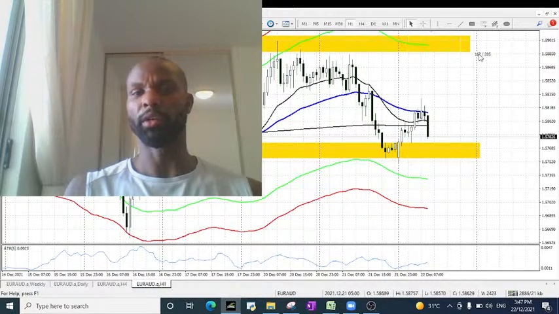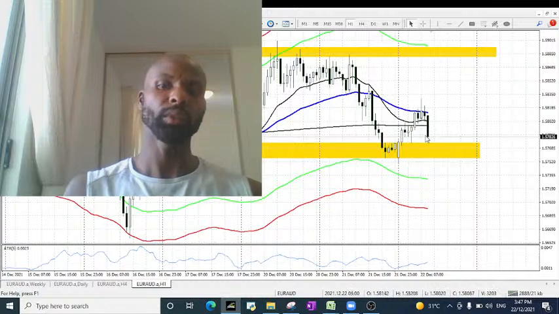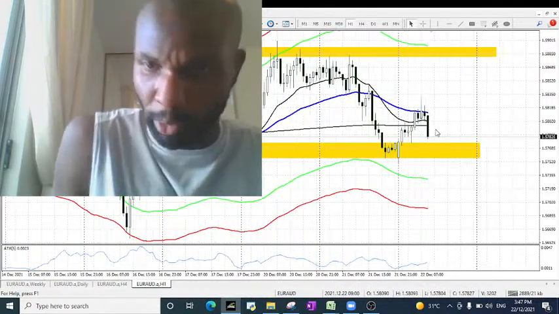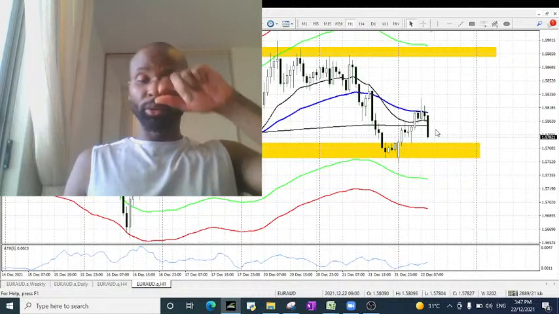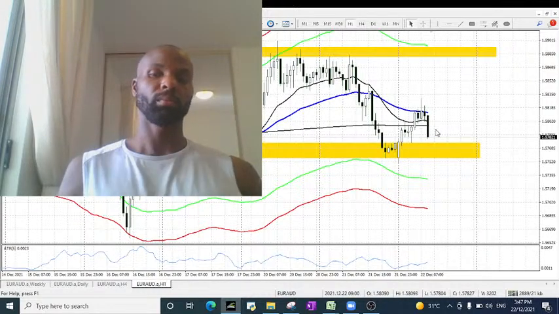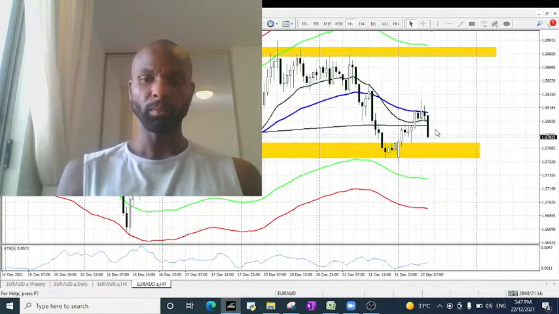Let's see what happens here. So we have a range. Selling here, we'd be selling the bottom of the range. So it might work out, but it's not a high probability setup.